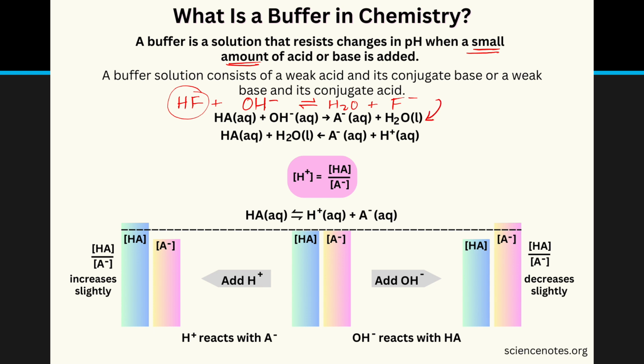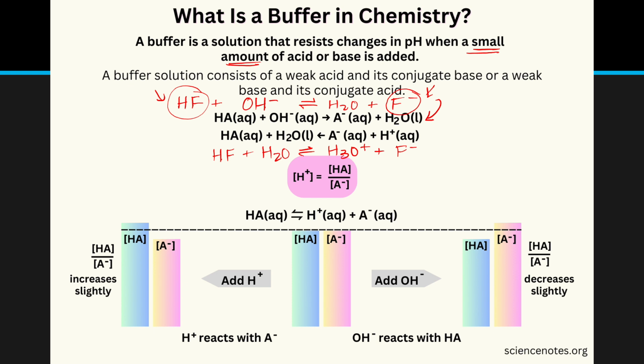So when that happens, we can see that we are left with our weak acid, HF, and its conjugate base, F minus. And if we're looking at what happens when a weak acid is established in equilibrium, we know that HF is going to be reacting with water, and it's going to be slightly dissociating into H3O plus and F minus.